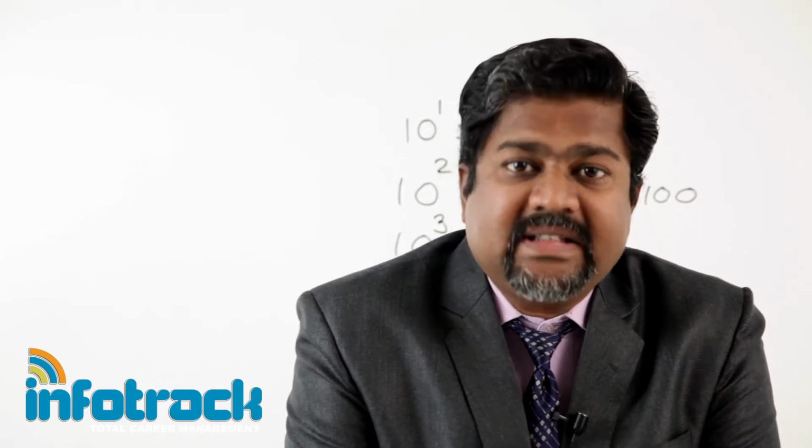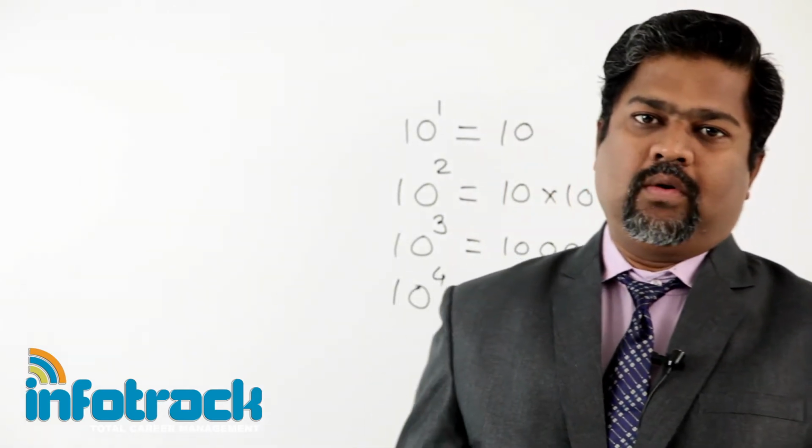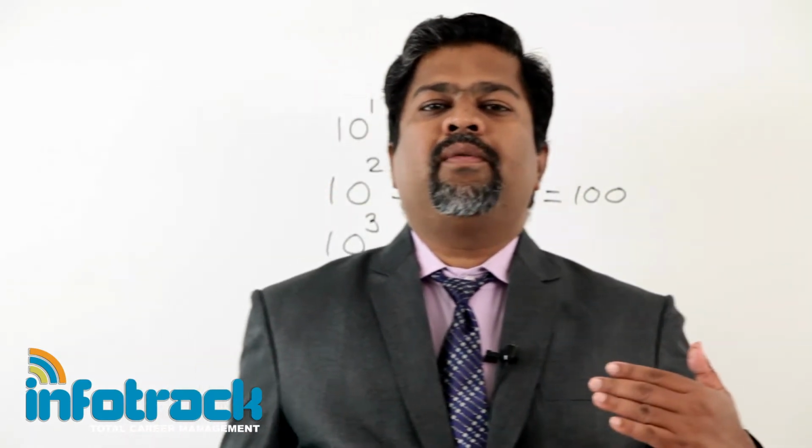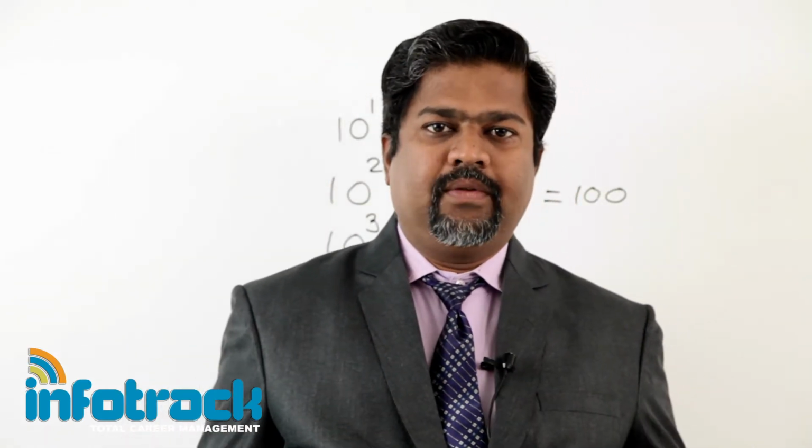If I have to write 10 raised to 2, the meaning is 100. 10 raised to 3 means 1 and 3 zeros in front of it, that is 1000. 10 to the power of 4, that is 4 zeros on 1, that is 10,000 and so on. So this way first we can check out the concept of 10 to the power.